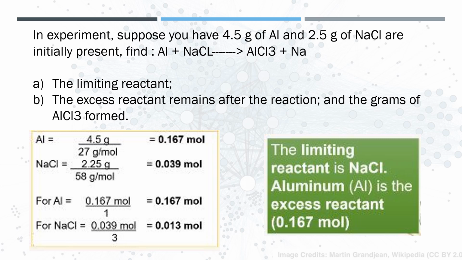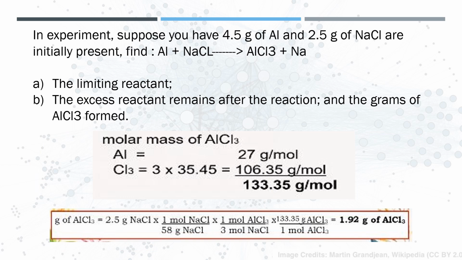The aluminum shows a calculated value of 0.167. Therefore, it is concluded that the aluminum is the excess reactant, since there is more than enough of it to react with the sodium chloride.